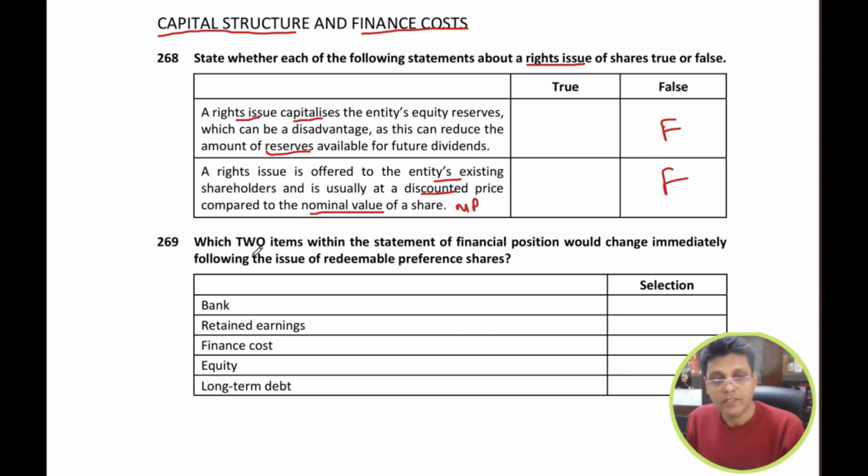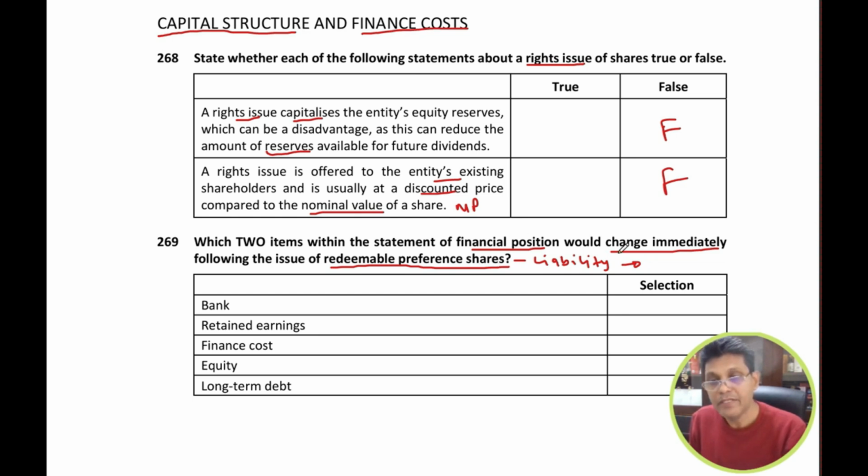So next question. Which two items within the statement of financial position, or the balance sheet, would change immediately following the issue of redeemable preference shares? So redeemable preference shares is a liability. Please remember, this is a liability because once the period is over, we need to settle to the preference shareholders.